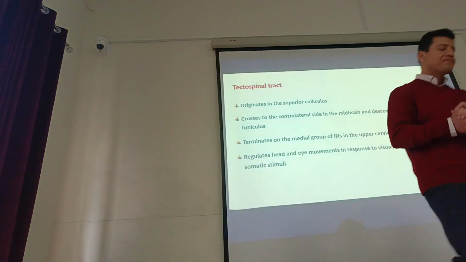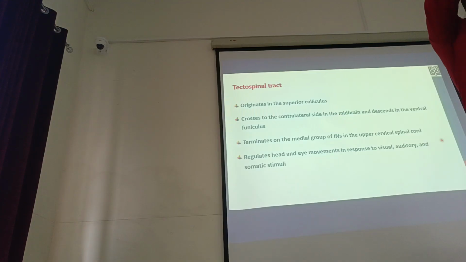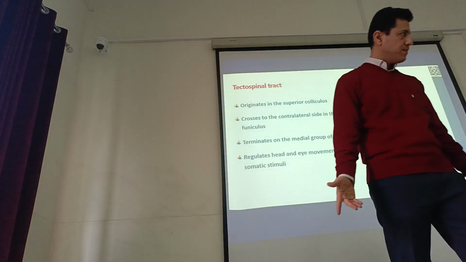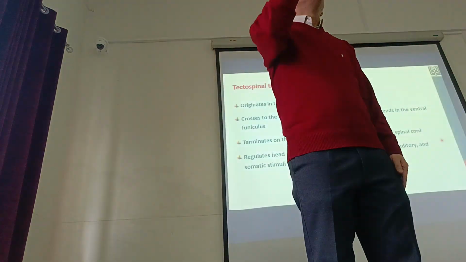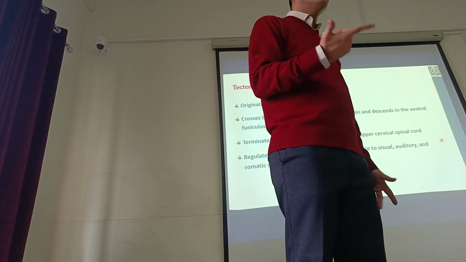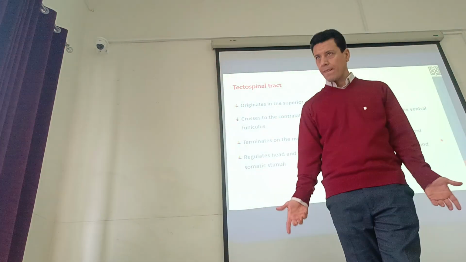So let's summarize. We have several tracts that originate from the brainstem and go to the spinal cord, right? From the pons, we have the pontine reticulospinal tract. It activates anti-gravity muscles, right? From the medulla, we have the medullary reticulospinal tract. It causes relaxation of the anti-gravity muscles, right?